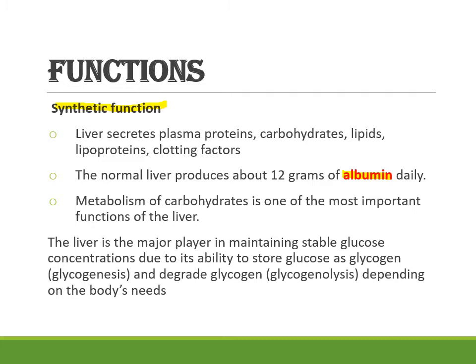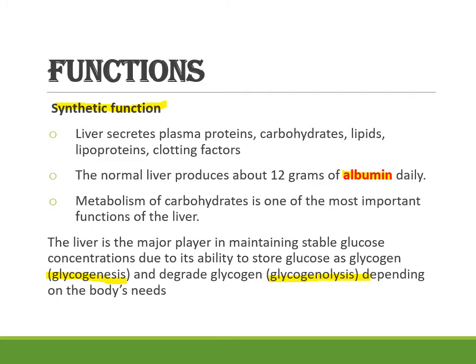So in your chemistry, I think you're familiar with the process of glycogenesis and glycogenolysis, right? So the liver is capable of doing the process of glycogenesis. From the word genesis, which means the beginning or the onset, in this particular process, glucose is being converted to glycogen for storage purposes.